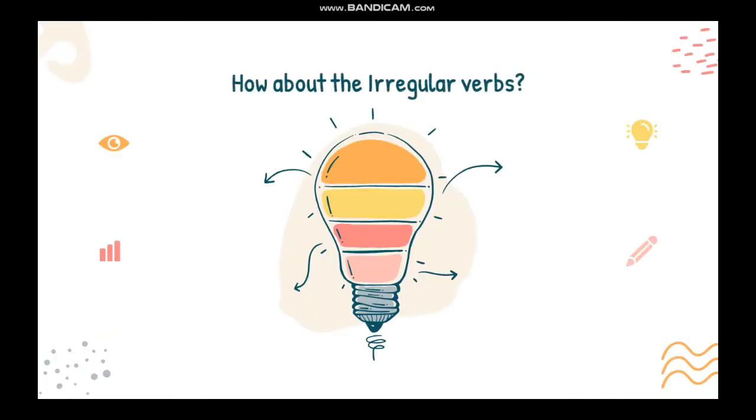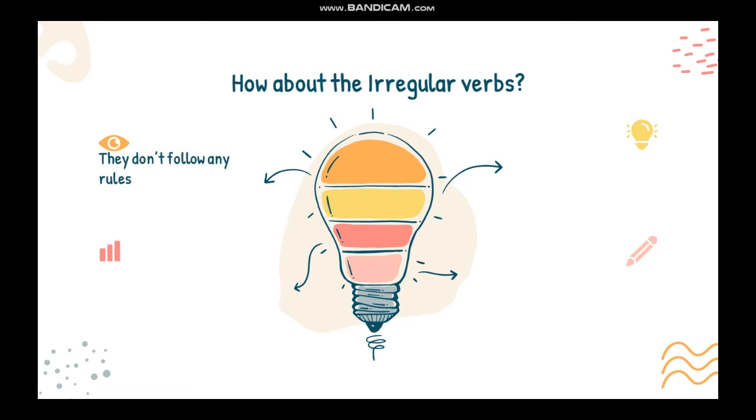How about the irregular verbs? Do we need to put ed in the end of the word, or do we need to memorize it? Nah, you need to know the characteristic of the irregular verb. The first is they don't follow any rules.